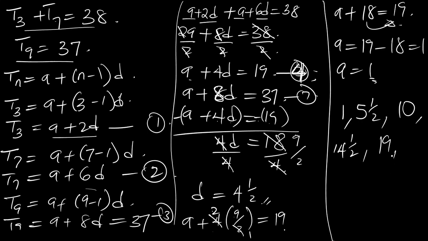Add 4 and a half to 19, you have 23 and a half. Add 4 and a half to 23 and a half, you have 28. Add 4 and a half to 28, you have 32 and a half. Add 4 and a half to 32 and a half, you have 37. So this is the ninth term. Let's count: 1, 2, 3, 4, 5, 6, 7, 8, 9. So that is the answer to this particular problem.